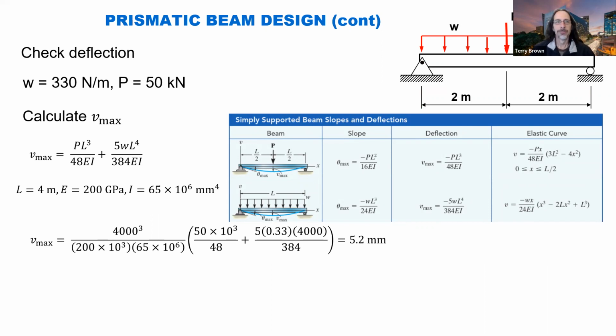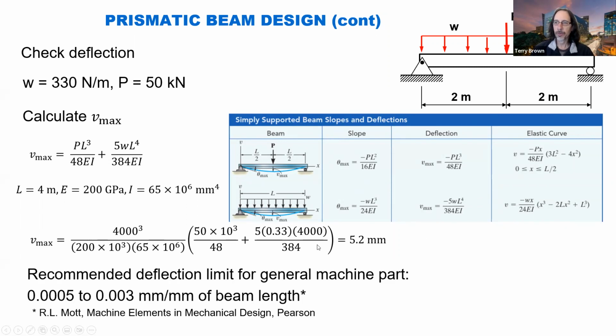Then what? Is that good? Is that bad? Right, so you need some kind of requirement to be able to judge whether this is acceptable or not. So one way to judge this is to look at that there's a range of deflections depending on the application. This one I've got from the Machine Elements in Mechanical Design textbook.